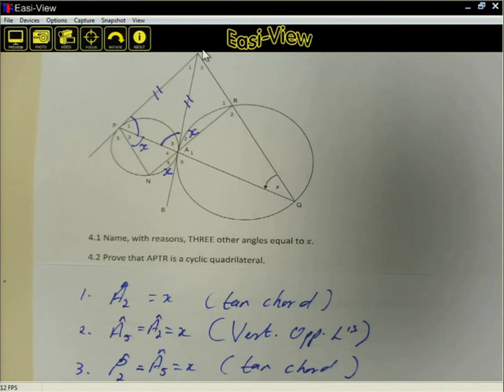Secondly, if the opposite angles of a quadrilateral are supplementary, then that quadrilateral is also cyclic. Thirdly, if the angles subtended by the same side of a quadrilateral are equal at the vertex, then that quadrilateral is also cyclic. Those are the three ways of proving a quad to be cyclic.